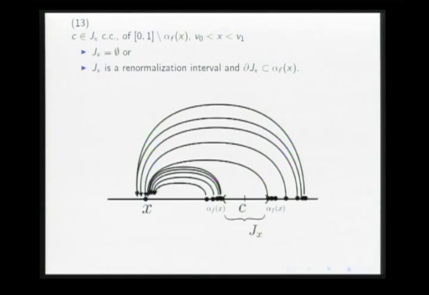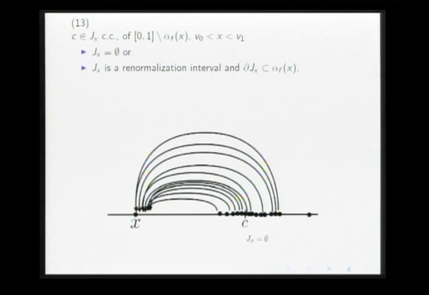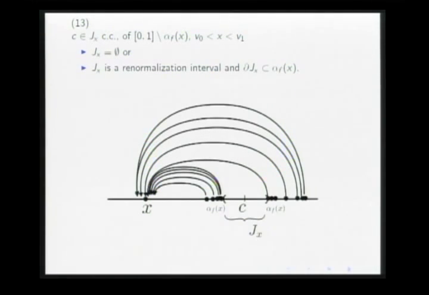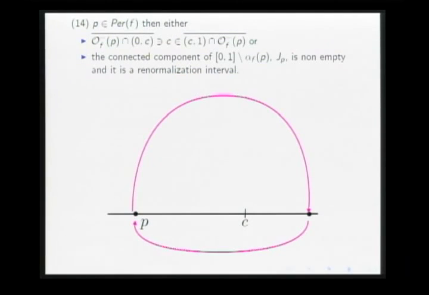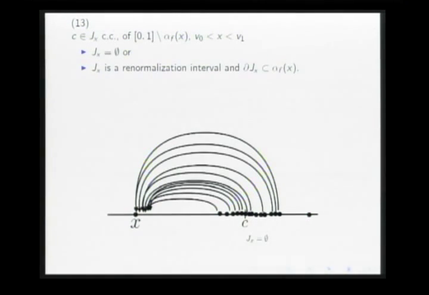We have either gx is empty, that means alpha of x will accumulate in C by both sides, or this here will be a renormalization interval, according to our definition, okay? And also the border of this will be inside the alpha of x. So these are the two possibilities, having this renormalization interval here, or this collapsing to nothing, to an empty set. You can make this for anything here.